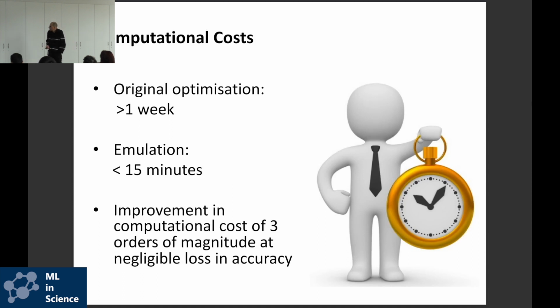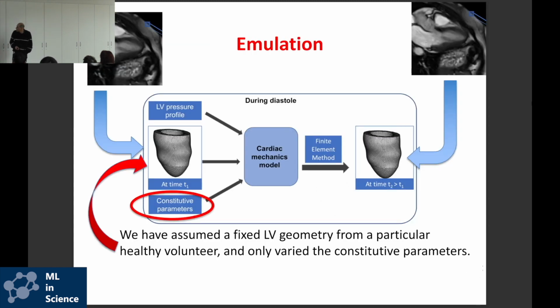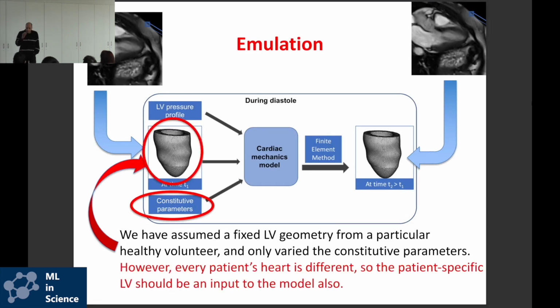So that was an encouraging start, but there's a fly in the ointment here in that this is oversimplified, and that we only focus on the constitutive parameters. We have completely ignored the shape of the left ventricle. Every patient, every person, everybody in the audience has a different shape of the left ventricle, of the geometry of the heart, and we've completely swept it under the carpet. So we need to integrate the left ventricle into the emulator.